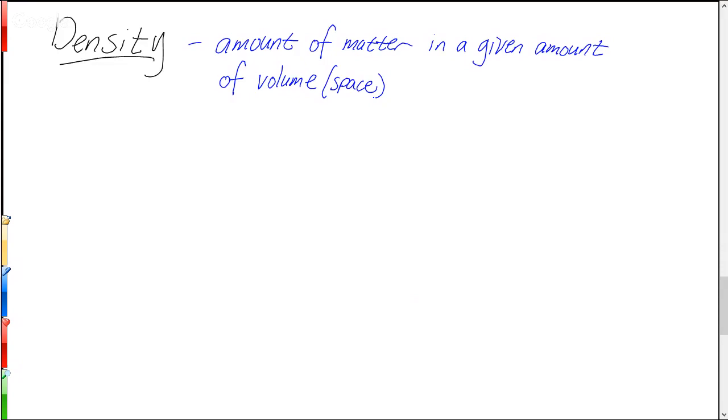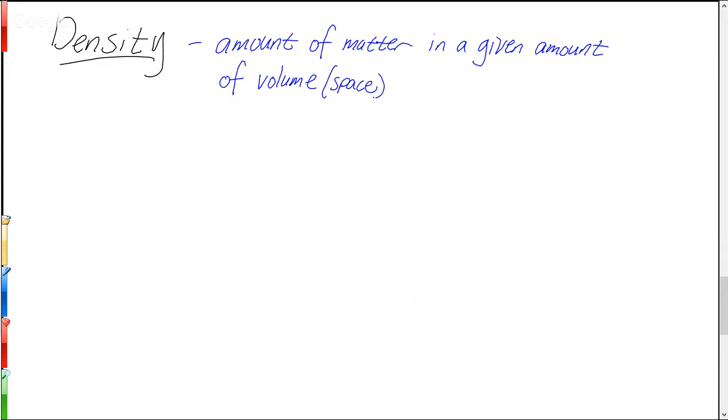So if you had a steel ball, it would feel a lot heavier than a ping pong ball that is filled with air. So that's what we're talking about when we're talking about density. How much mass is in a given amount of stuff? Any matter can have density. So density can apply to solids, liquids, and gases. It's just how much matter is in a given amount of space.